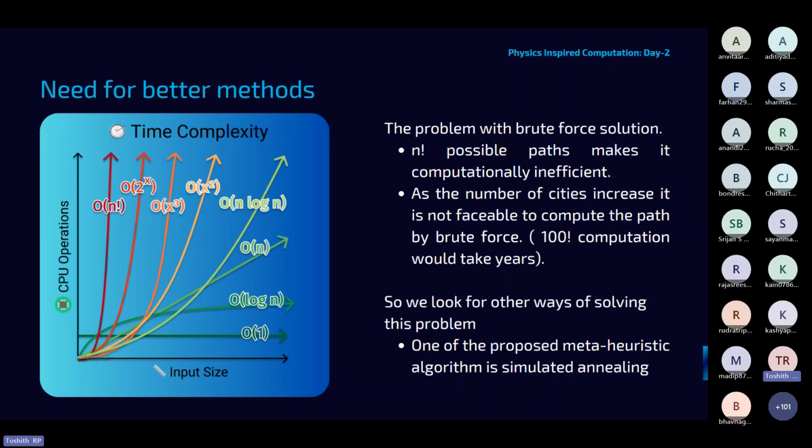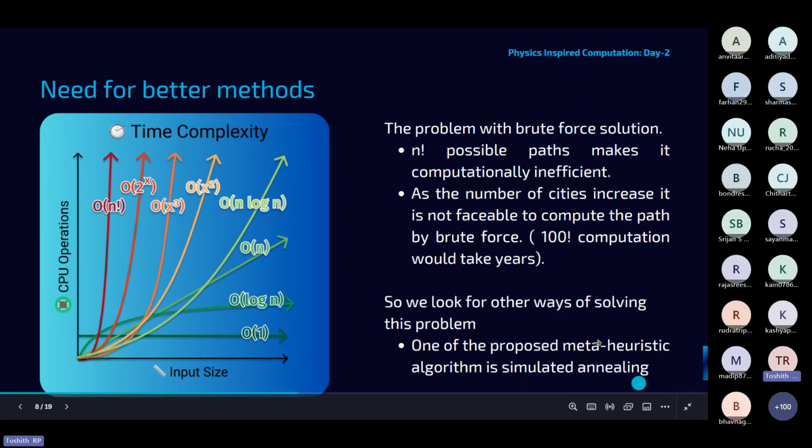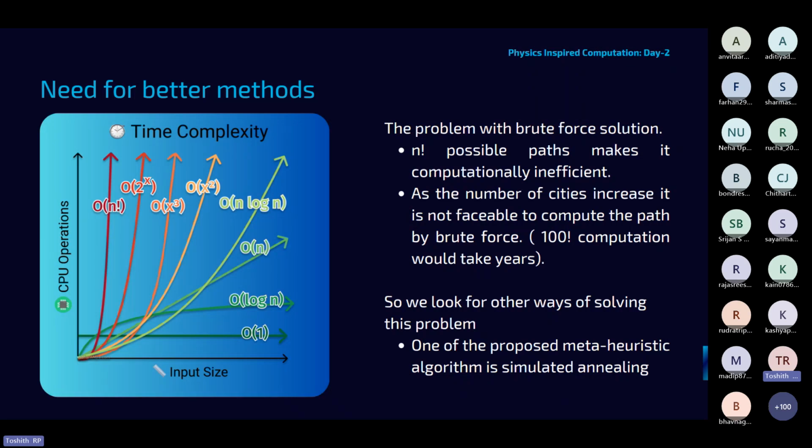There are many algorithms. Firstly, I'll be talking about simulated annealing, which is physics inspired, based on the physical process of annealing. Simulated annealing is a metaheuristic algorithm, or a probabilistic algorithm, which you have seen in part one of our session.